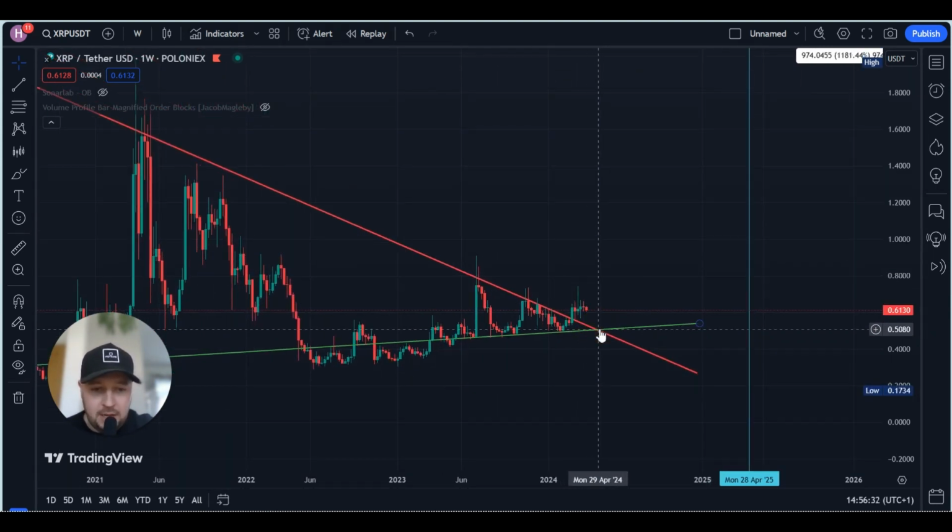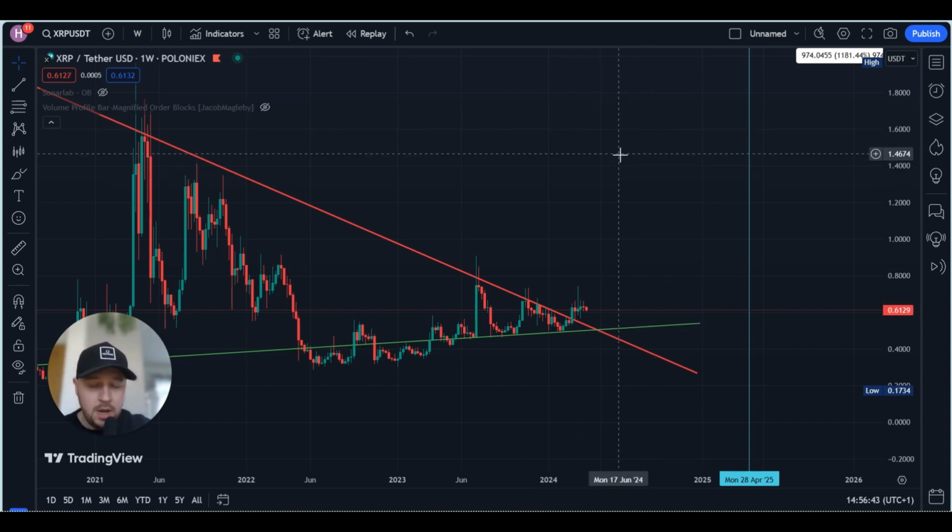So I expect anywhere in April here, and this is the tip of the wedge. Whether or not we roll over to about this 51 cent mark and then blow off at the end of the month, who knows. Either way, we are pretty much weeks away in comparison to how long we've had to hold these bags in order to see a return on our investment.